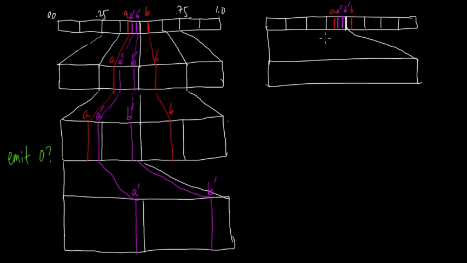I'll do this in purple. Actually, we need half. Let's see, 3/4. Hopefully I can do this closely enough to scale that it works. That's B. Maybe a little closer. A goes here.